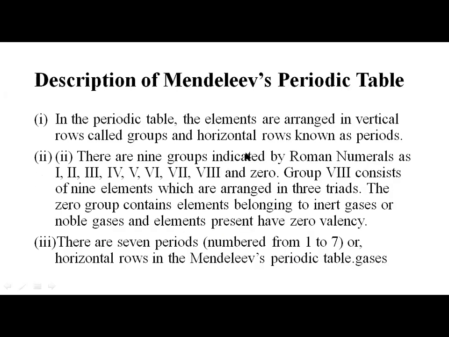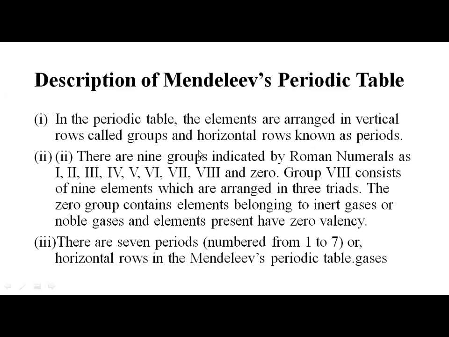Here is the description of what Mendeleev actually did in his periodic table. The elements are arranged in vertical columns called groups and horizontal rows known as periods. There are 9 groups. They were indicated by Roman numerals from 1 to 8, and the last group was not 9, it was called 0.